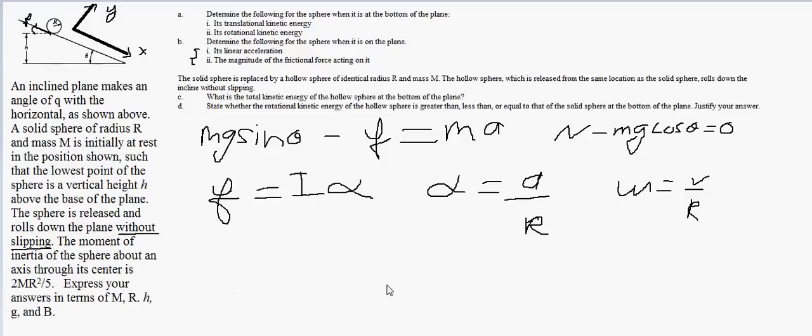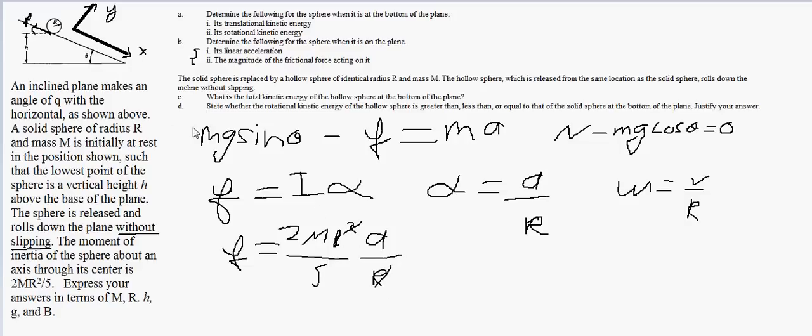So you plug this in, and the frictional force is I, which I'm going to say is 2mR squared over 5, times alpha, which is a over R.